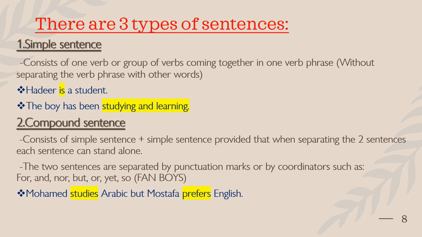For example, Muhammad studies Arabic and Mustafa prefers English. Muhammad studies Arabic is the first simple sentence. Mustafa prefers English is the second simple sentence. When separating these two sentences, each sentence can stand alone. So we can consider this example a compound sentence.